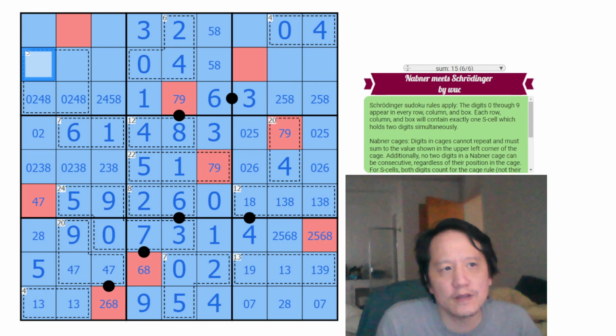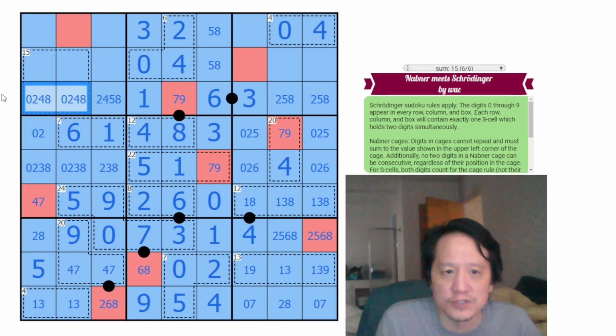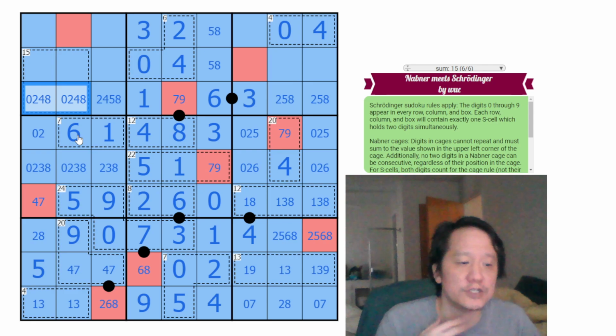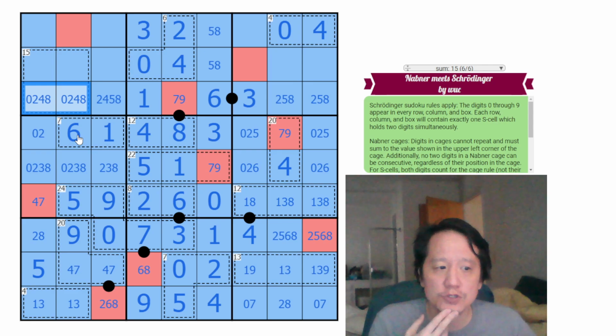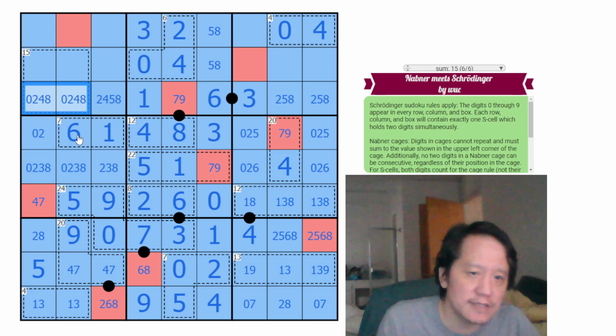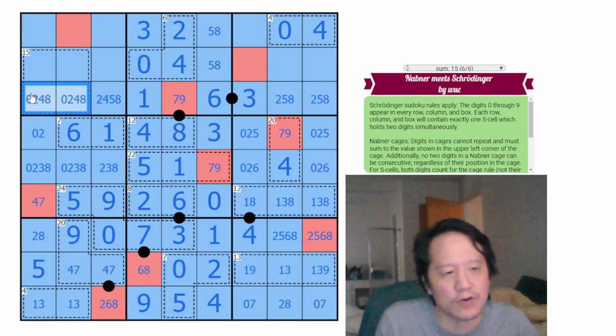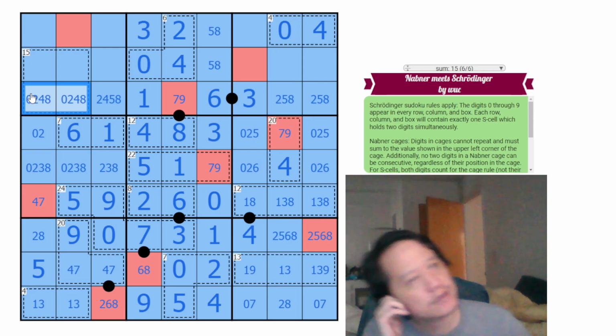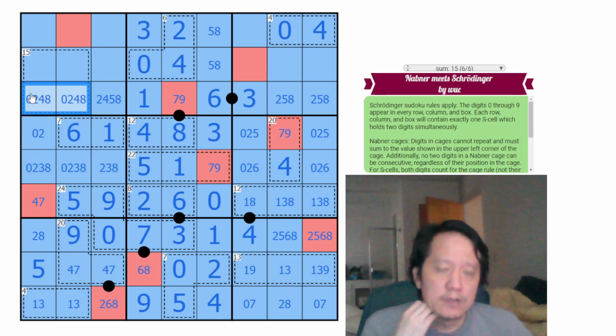Okay, so 15 can be 0, 2, 4, 9. First of all, we know the zeros here, so then it's 3 other digits that add up to 15. So it could be 2, 4, 9. It has to have 1 out of 2, 4, and 8.